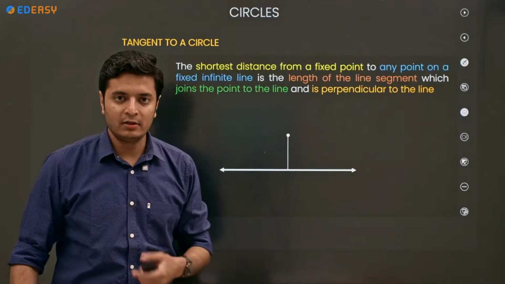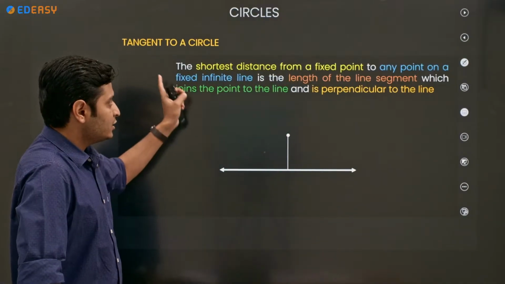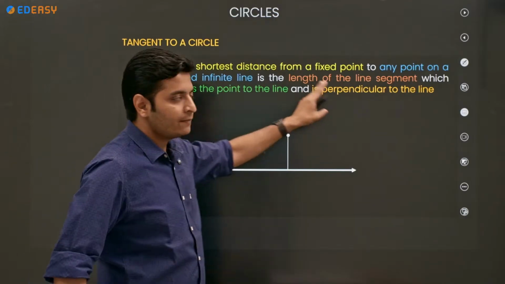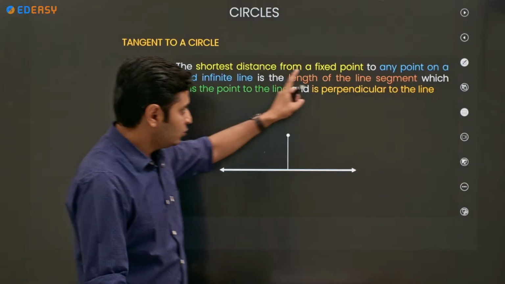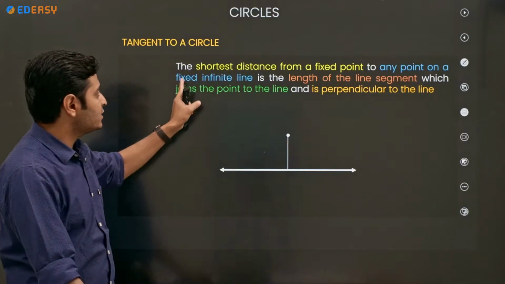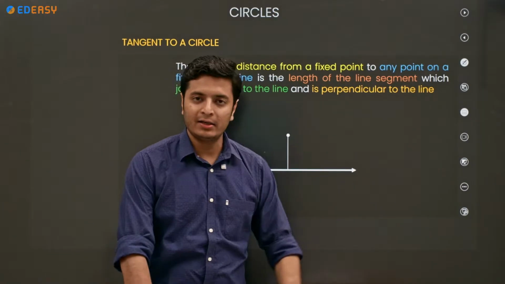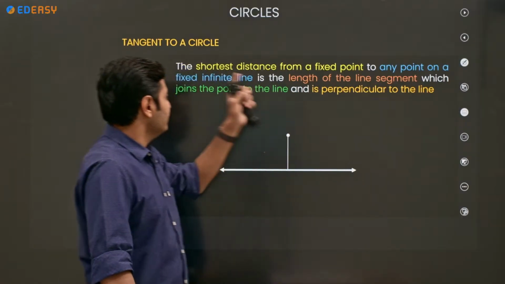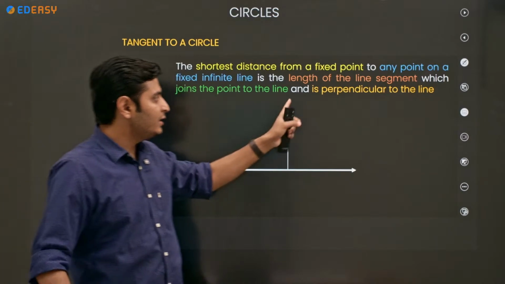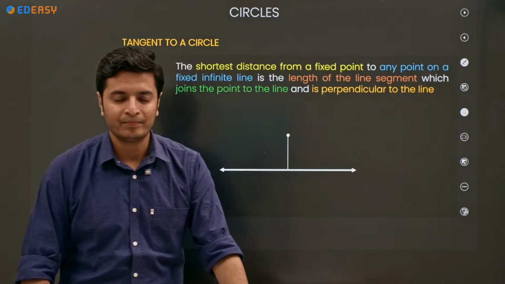one thing I will always realize is the shortest distance from a fixed point. So this is the fixed point, you can name it if you want, to any point on a fixed infinite line. So this is the infinite line, correct? Is the length of the line segment which joins the point to the line and is perpendicular to the line.